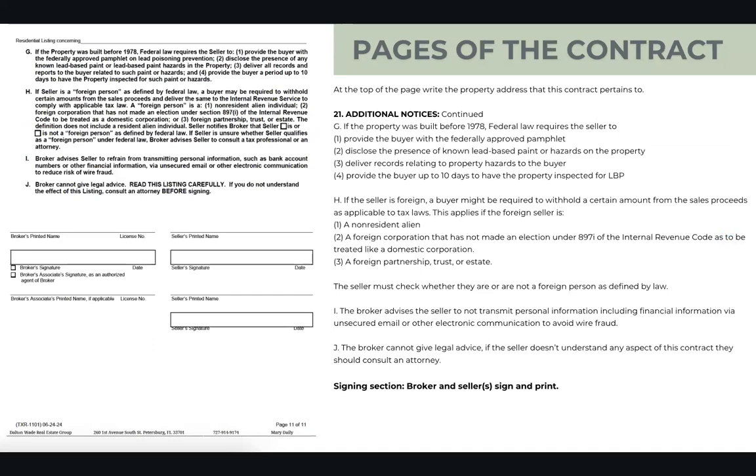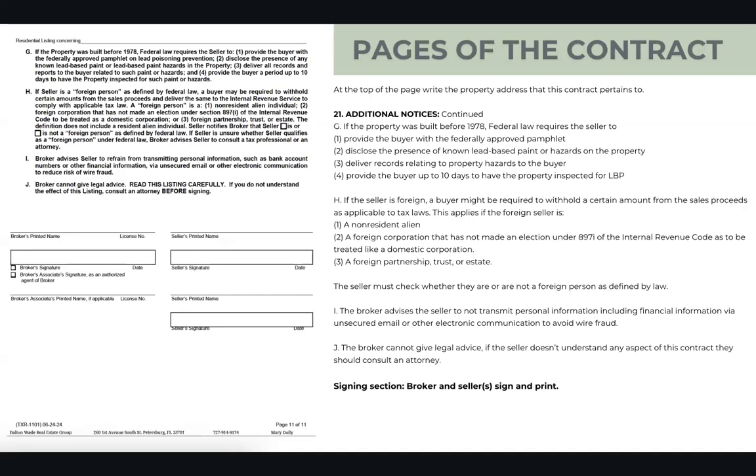If the property was built before 1978, federal law requires the seller to provide the buyer with a federally approved pamphlet, disclose the presence of lead-based paint on the property, deliver records relating to the property hazards, and provide the buyer up to 10 days to review the documents and have a property inspector inspect the property.